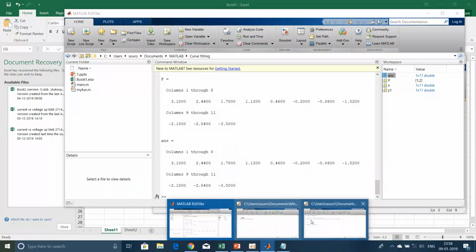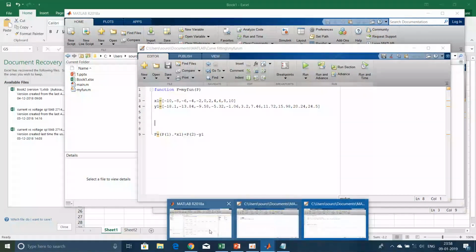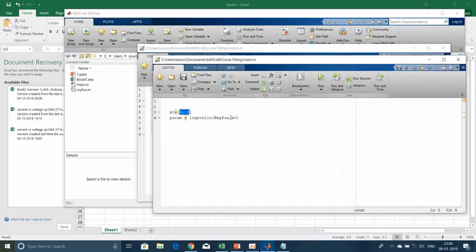So what MATLAB would now do is take the initial guess of 5 comma 2. It would take m as 5, c as 2, send 5 and 2 into myfun, calculate the difference, see if the difference is close to 0 or not, and if not, it would change x naught once again.